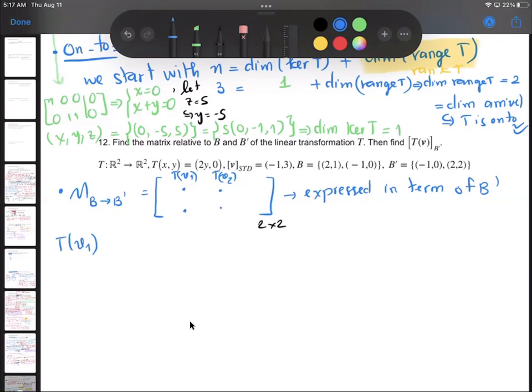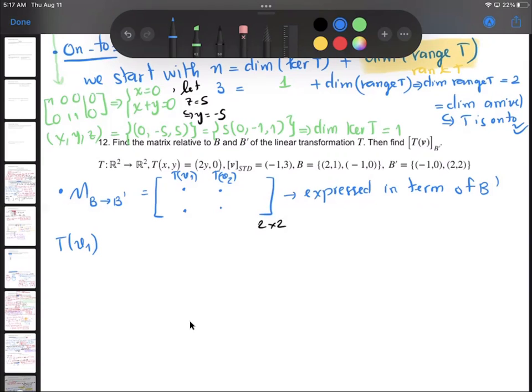And then we're going to use T(x, y) equals (2y, 0). Remember, this is your x, this is your y, which is 1. So 2, and the second component is always 0.